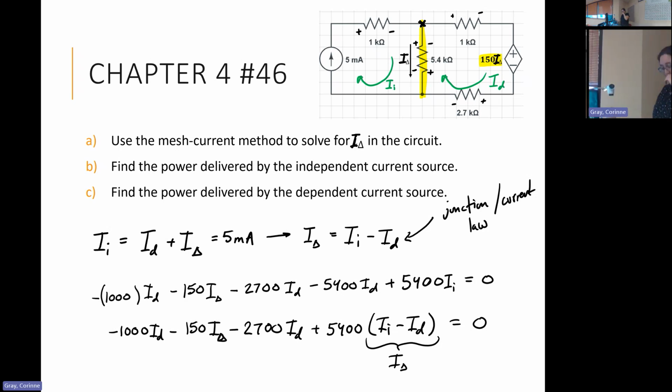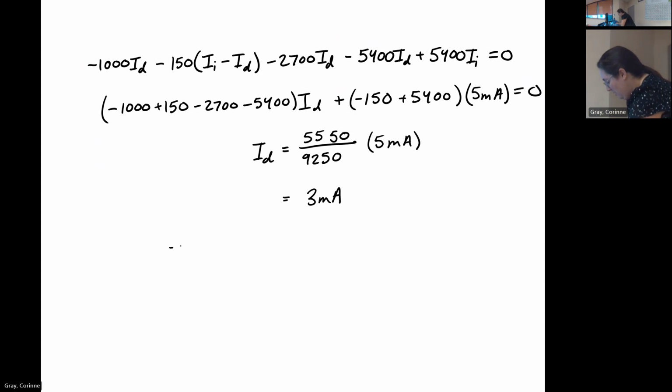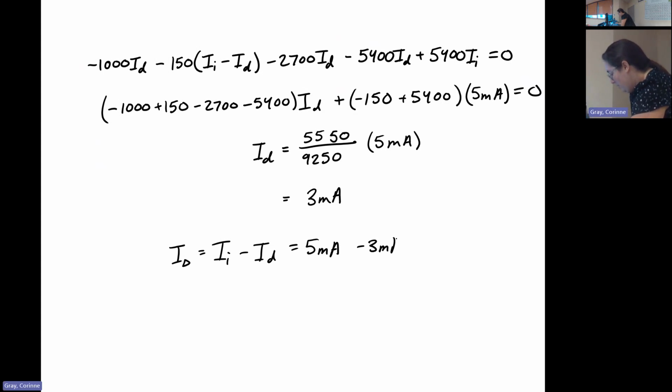So now that I have that, I can utilize that I delta is equal to II minus ID, or 5 milliamps minus 3 milliamps is equal to 2 milliamps. So this would be the amount of current that flows down through the central portion of our circuit.